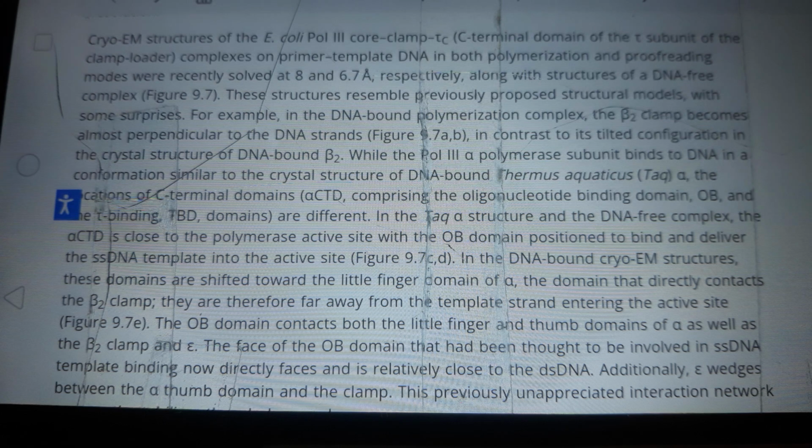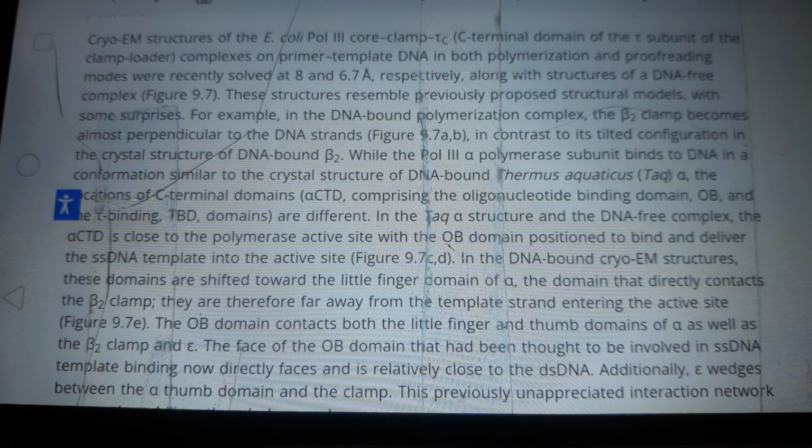Cryo-EM structures of the E. coli Pol 3 core-clamp-tau C-terminal domain of the tau subunit of the clamp loader complexes and primed template DNA in both polymerization and proofreading modes were recently solved at 8 and 6.7 angstrom respectively, along with structures of a DNA-free complex, as seen in Figure 9.7. These structures resemble previously proposed structural models with surprises as well.